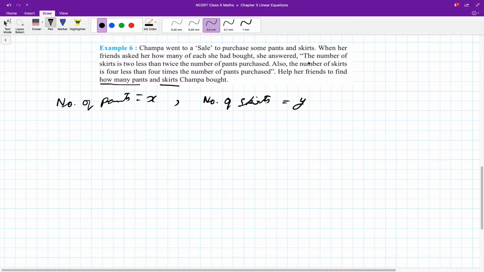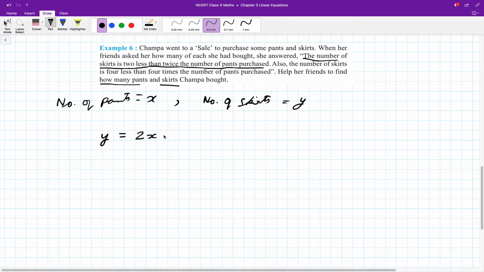So the first thing that she said, the number of skirts is 2 less than twice the number of pants purchased. So the number of skirts, that is y, is equal to 2 less than twice the number of pants. So what is twice the number of pants? 2x.